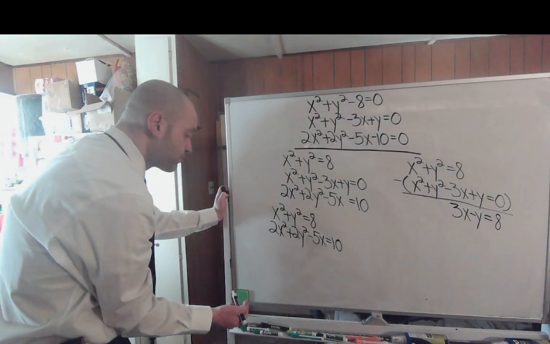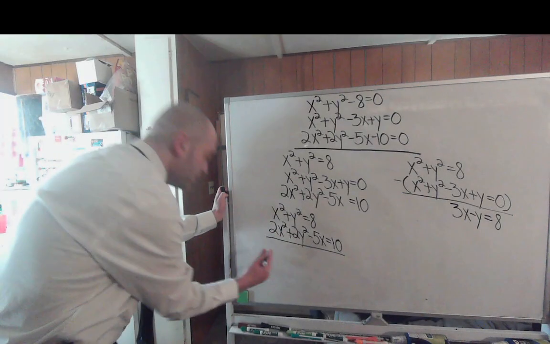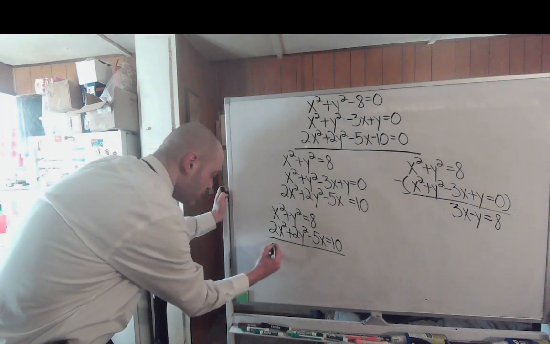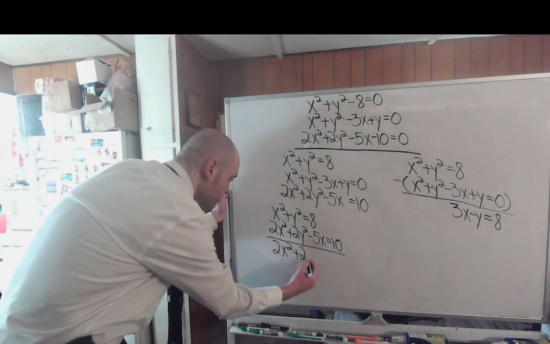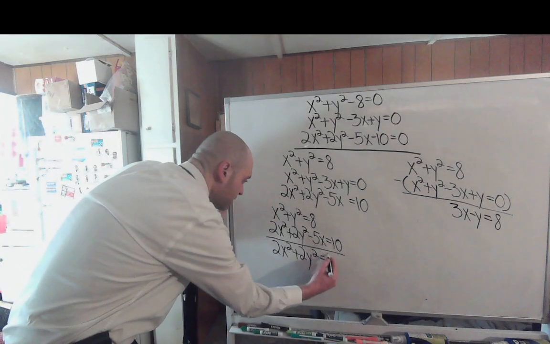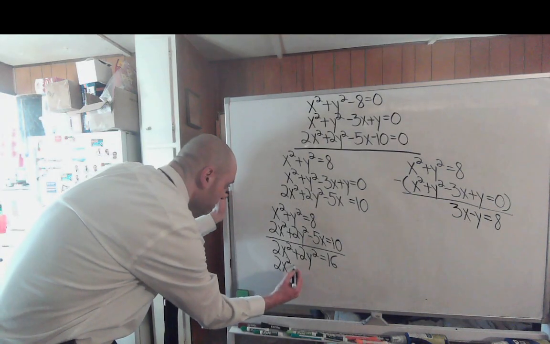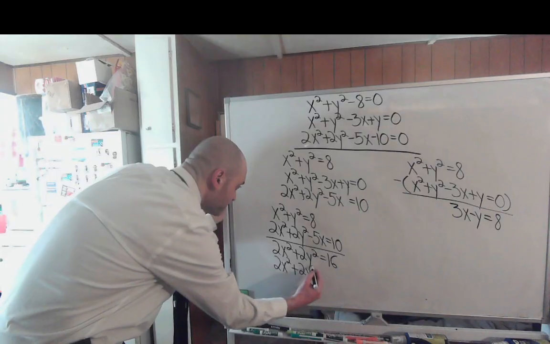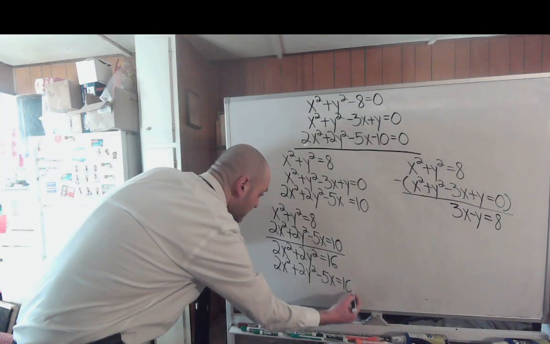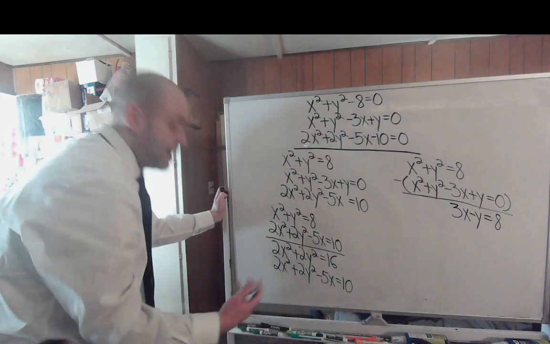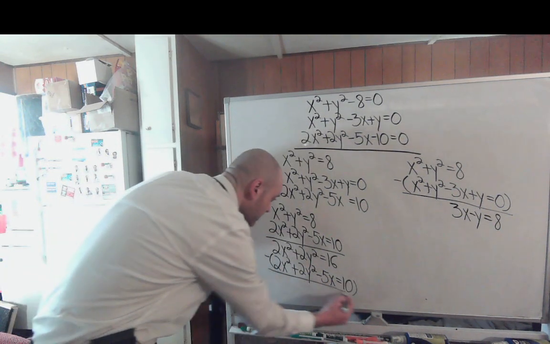Well, what I'm going to suggest is we multiply the first equation by 2 so we can eliminate our quadratic term. So the first equation will become 2x squared plus 2y squared equals 16. Then you'll still have 2x squared plus 2y squared minus 5x equals 10. Now we can subtract the second equation here from the first one.